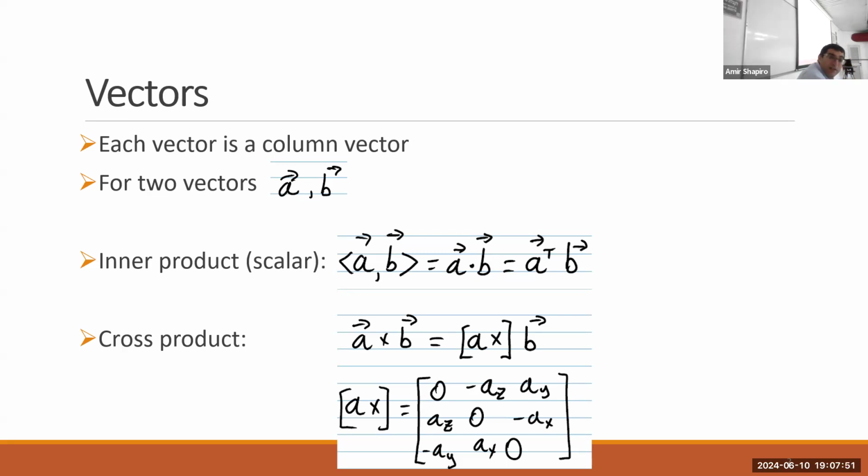So, a little bit about vectors. Vectors are column vectors.